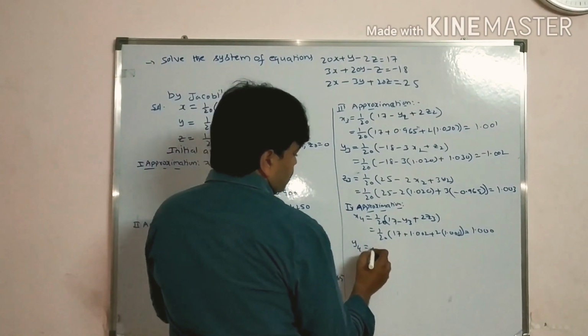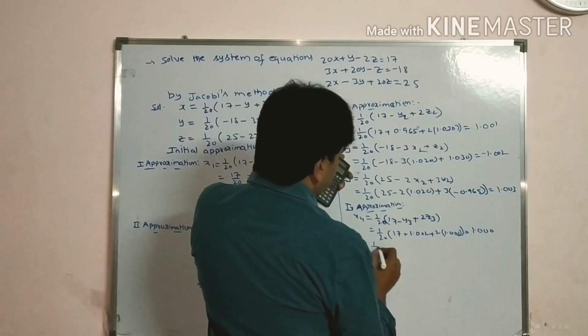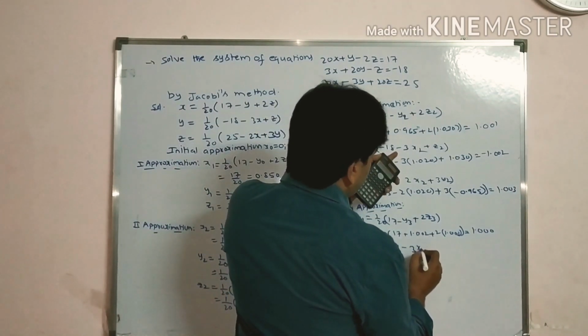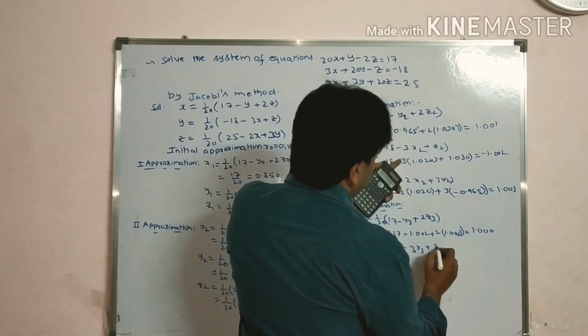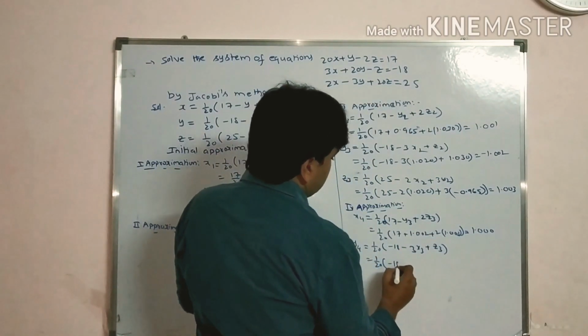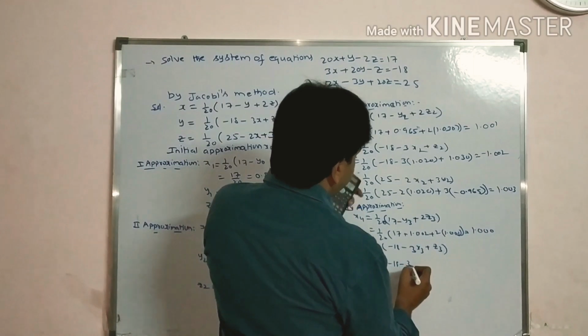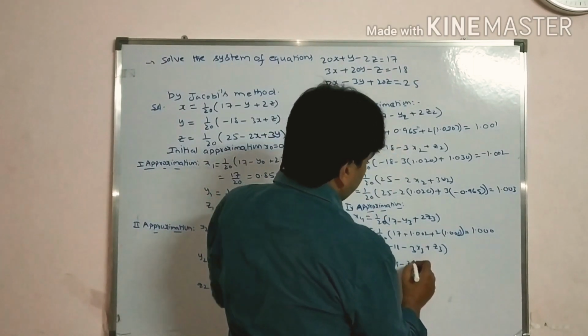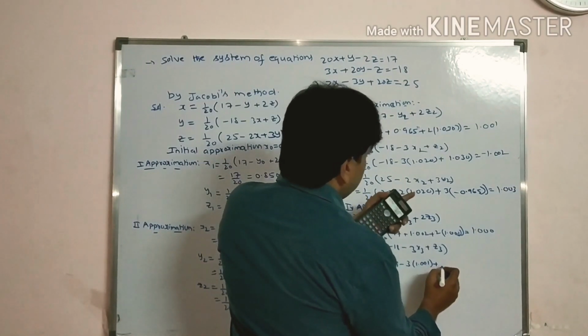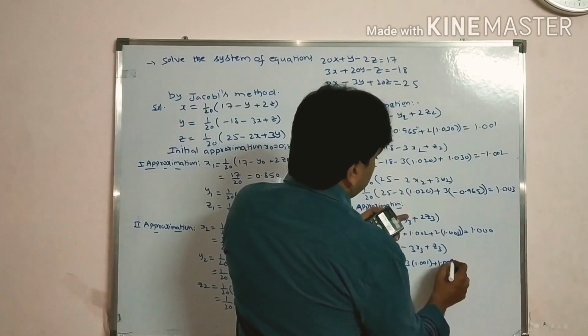Now find y4, students. y4 is 1 by 20 minus 18 minus 3 x3 plus z3. So that is equal to 1 by 20 minus 18 minus 3 into x3, 1.001, plus z3, 1.003, bracket close.